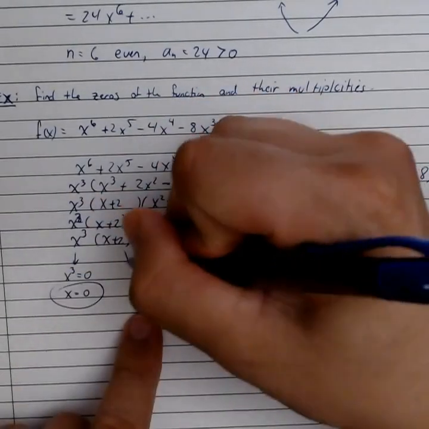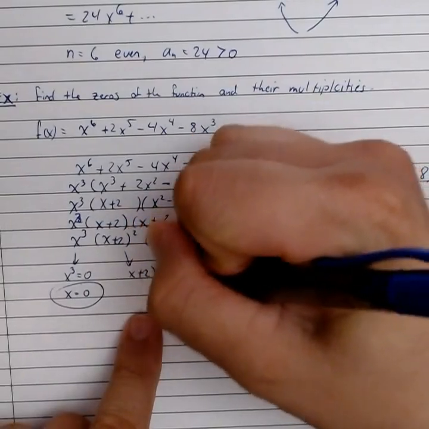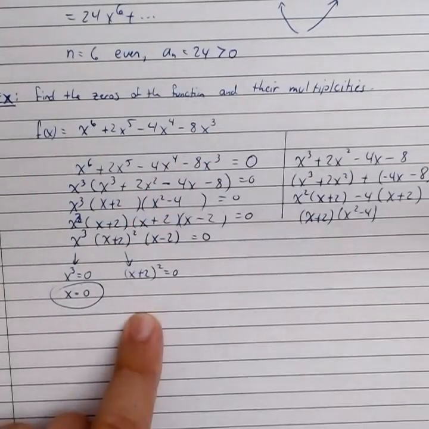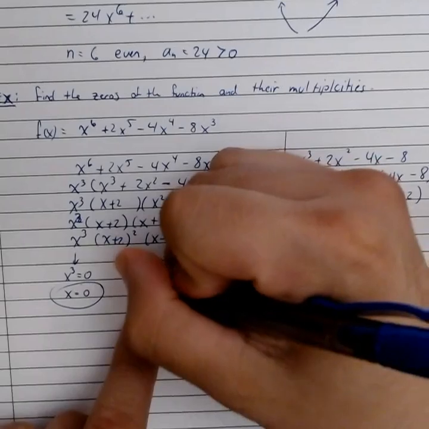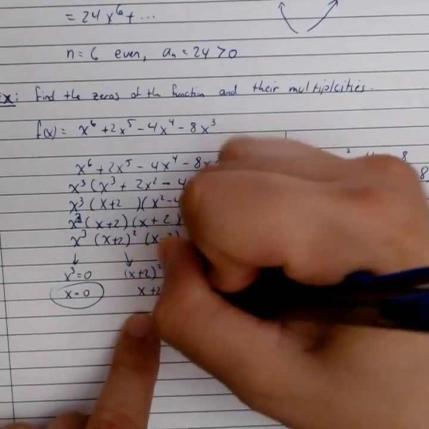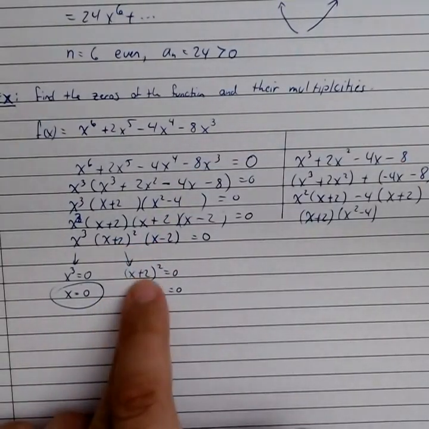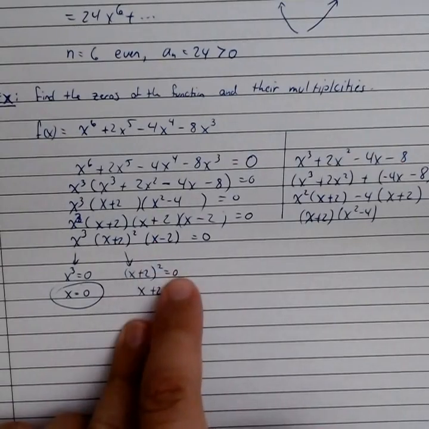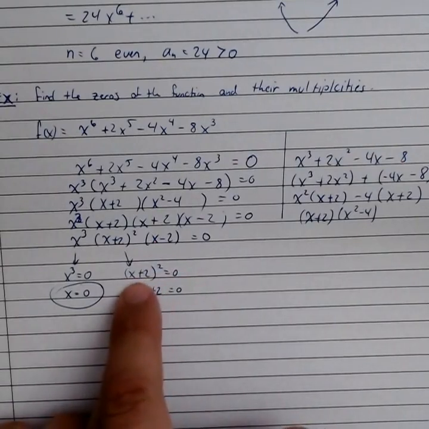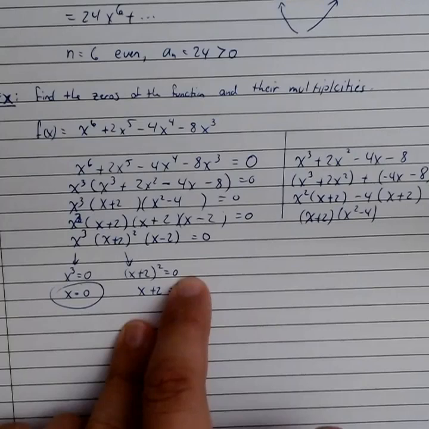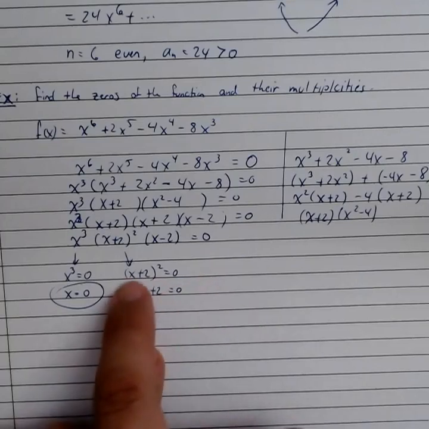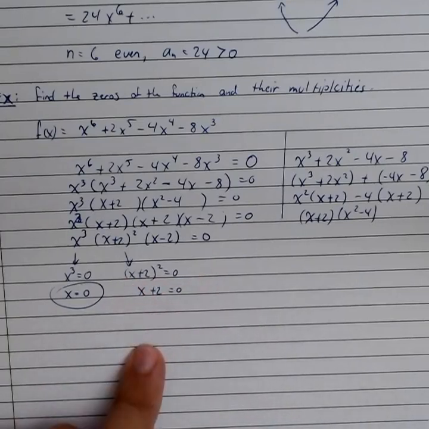Over here, if I say x plus 2 squared is equal to 0, well, that's just the same as saying x plus 2 is equal to 0. Right? If x plus 2 is equal to 0, 0 squared is 0. If x plus 2 is not 0, squaring it's not going to make it a 0. So if this thing is equal to 0, that means the thing in the parentheses was equal to 0.